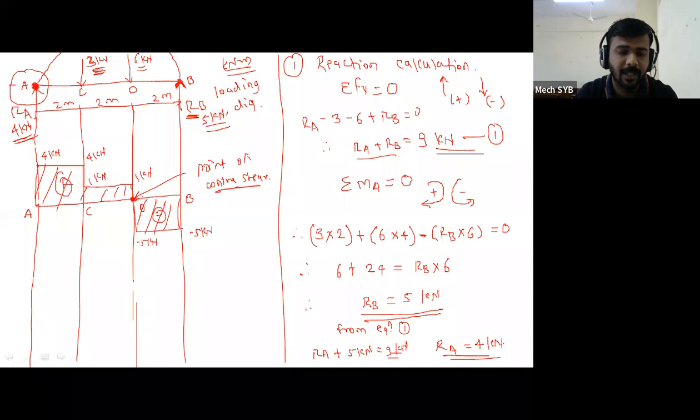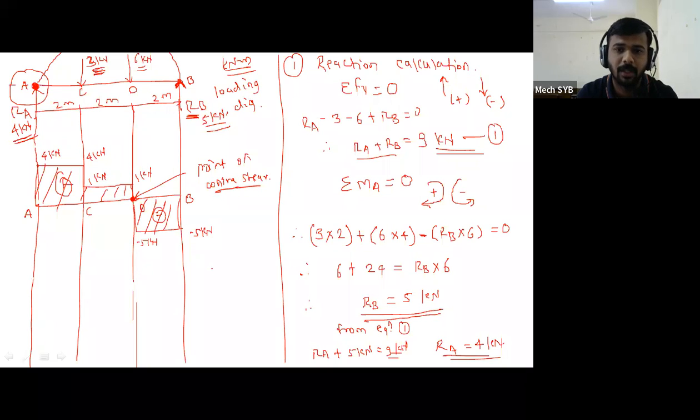Also, we have the second definition. It is the point at which shear force is zero and bending moment is maximum. So 50% of the definition is satisfied: it is the point at which shear force is zero. At this point D, the shear force value is equal to zero. At the same point in the bending moment diagram, the bending moment will be maximum.